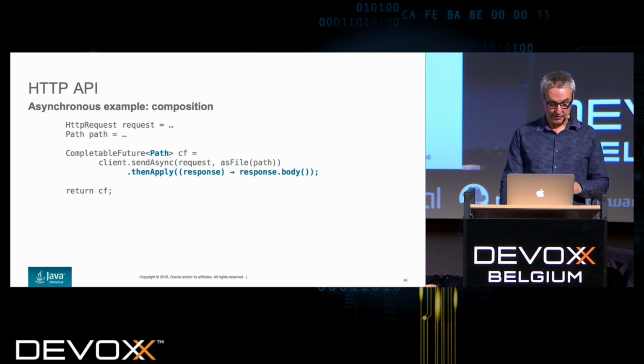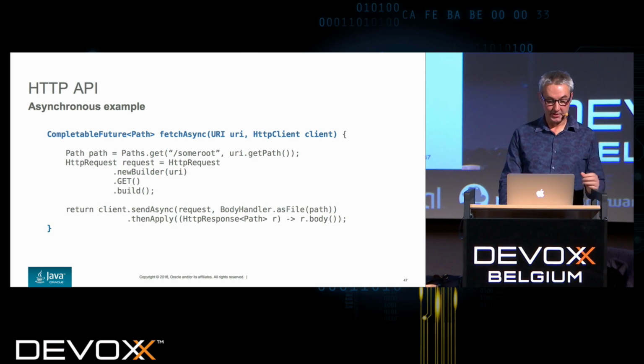So in that case, you're returning a higher level object rather than the HttpResponse. So what we're going to do is take that behavior and wrap a method around it, and then use that in another example. So I defined a method called fetchAsync, which takes a URI and an HttpClient and returns a CompletableFuture of Path, as I've shown already.